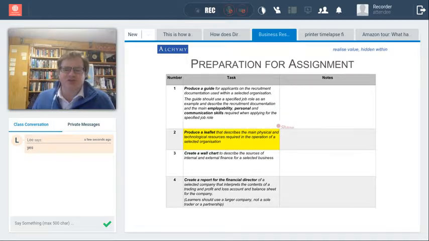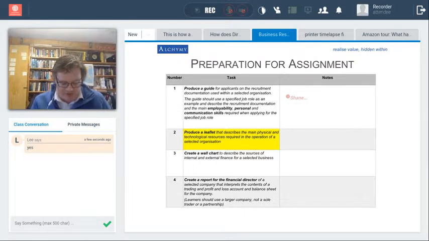As part of this, you're going to undertake an assignment. So in this assignment, you're going to produce a guide for applicants on the recruitment documentation used. Well, that's a guide to the documents we've talked about. We've talked about the job description, the person specification, and the job advertisement, which we'll be looking at in the other module, job recruitment advertisement.